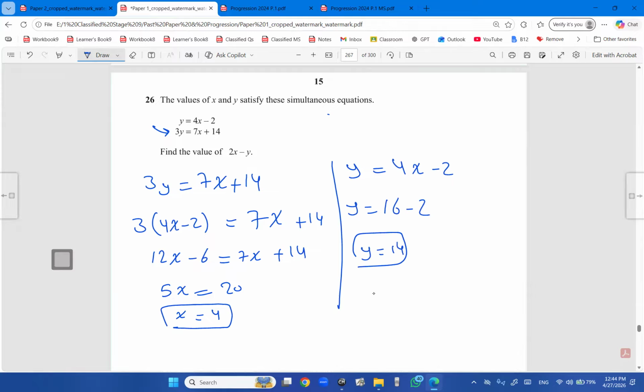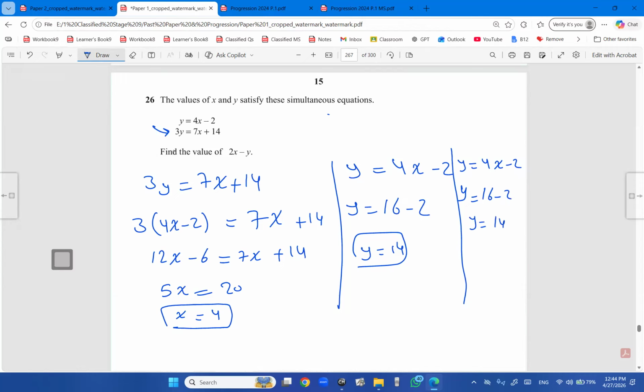Mister, can I make sure if I'm right or wrong? Can I double check my answer? Yes, you can double check it. How? Take the y, and they told you y equals 4x minus 2. Remove x right now and say, if x is 4, will y be 14? Yes, y equals 4 times 4 is 16 minus 2. So y equals 14.